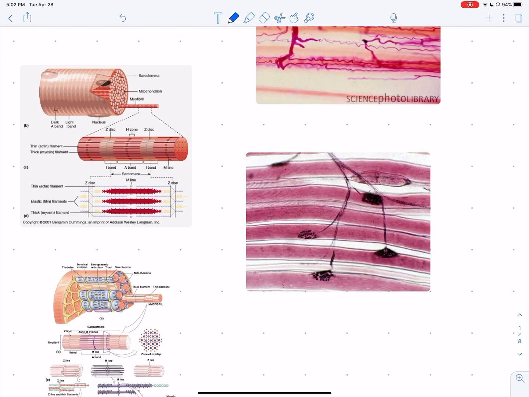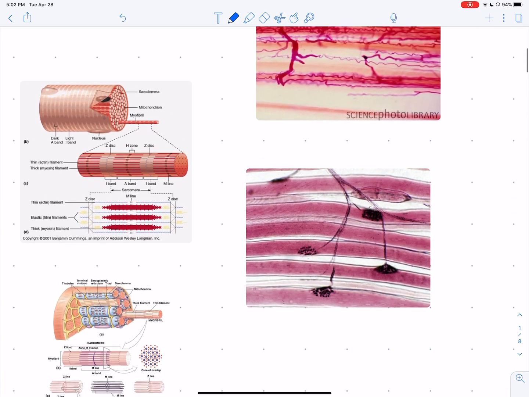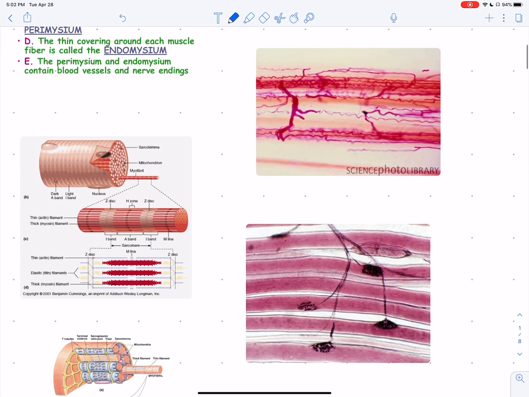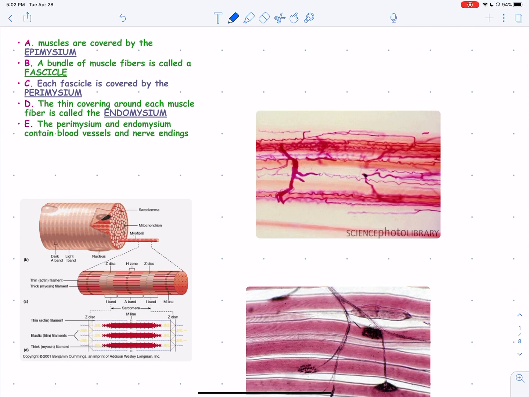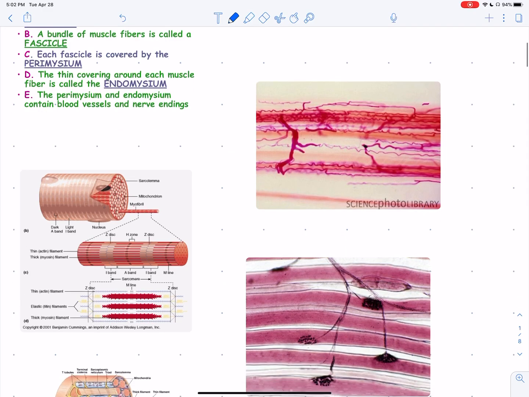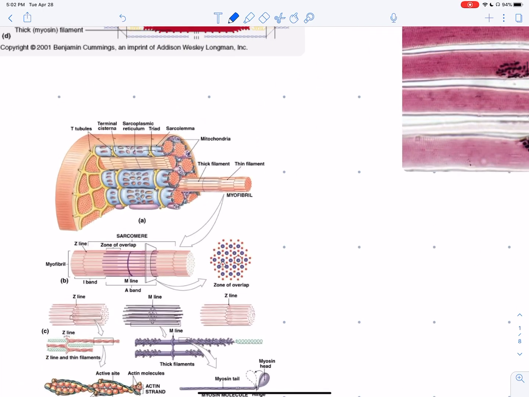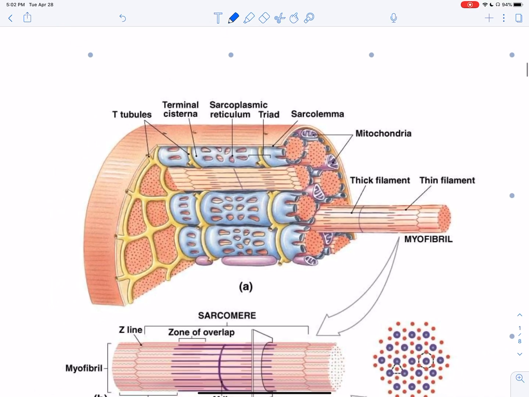So, how do those chemicals needed for muscle contraction get around? Well, they come in the blood. You should know that the blood is the superhighway of the body. And if we look at this right here, you're going to see a couple things that you need to understand. One, the sarcoplasmic reticulum.